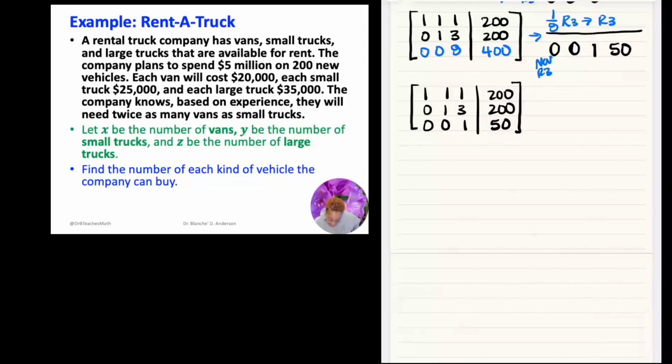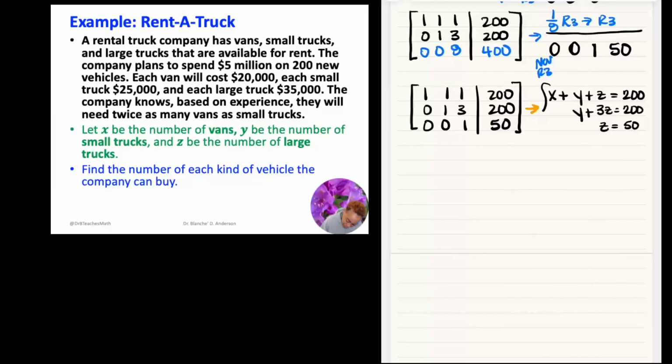So now we have what we need. If I were to change this back to a system of equations, we would have x plus y plus z equals 200. y plus 3z equals 200. And then z equals 50.